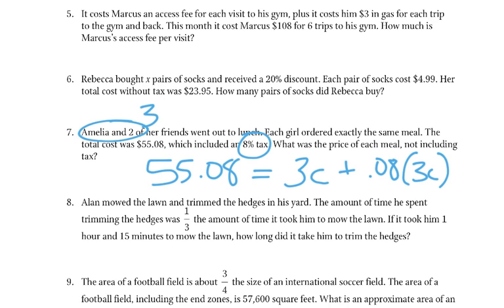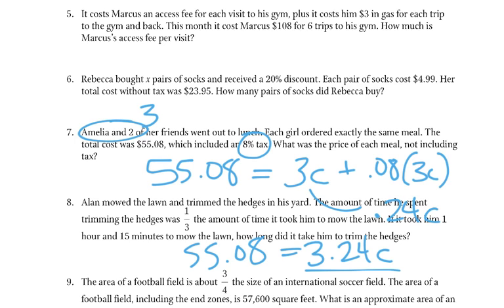So if I go 0.08 times 3, I get 0.24C, add that to 3, so it'd be 3.24C would equal 55.08. And we divide by 3.24, and we get the cost being $17 a piece without tax.